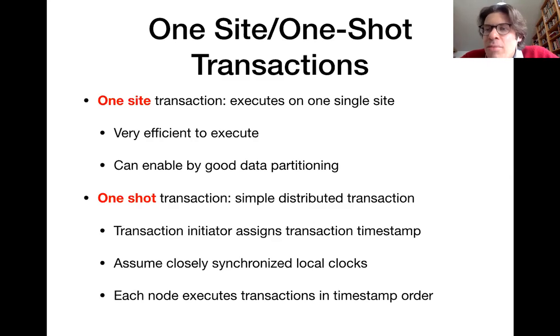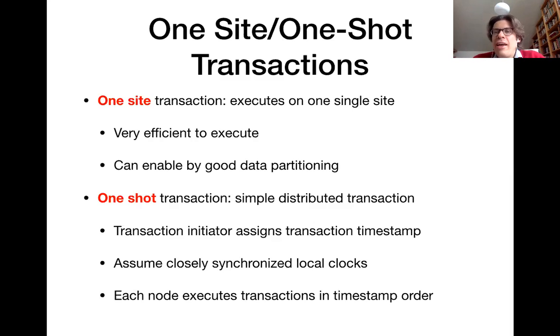One thing that is important in this context is that the different nodes need to have clocks that are pretty much synchronized with each other. So here the assumption is that we can guarantee that, so that the timestamps assigned by different nodes are consistent. Then we can execute the transactions in the order of those timestamps.